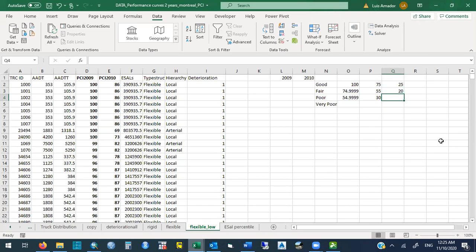I have a span of 25. 25 again. Shall we keep it like that? Can we make the 30 20? And then what do we do about the very poor? 0 to 20? Yes. We have up to 49 only. We have up to 49. So we only have good and fair.